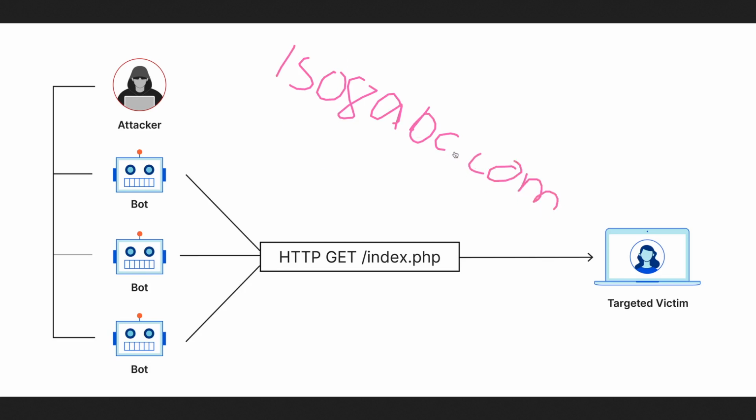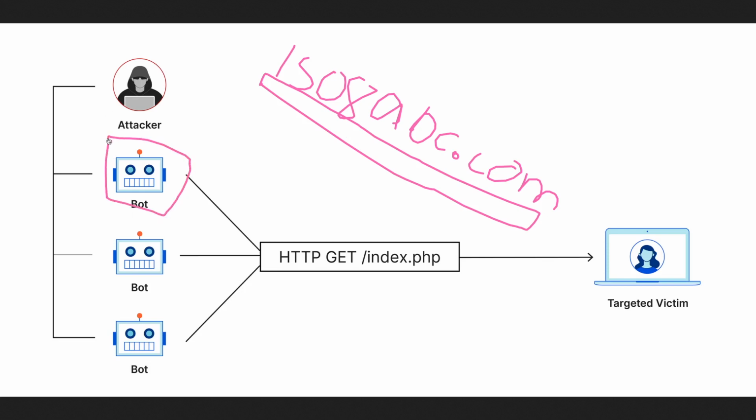Let's say this is a website here, and a certain hacker wants to attack this website. So what will the hacker do? In order to DDoS the website, the hacker would try to use some bots or some computers, not to hack, but just to stop the web server from running. So it'll just freeze the web server.